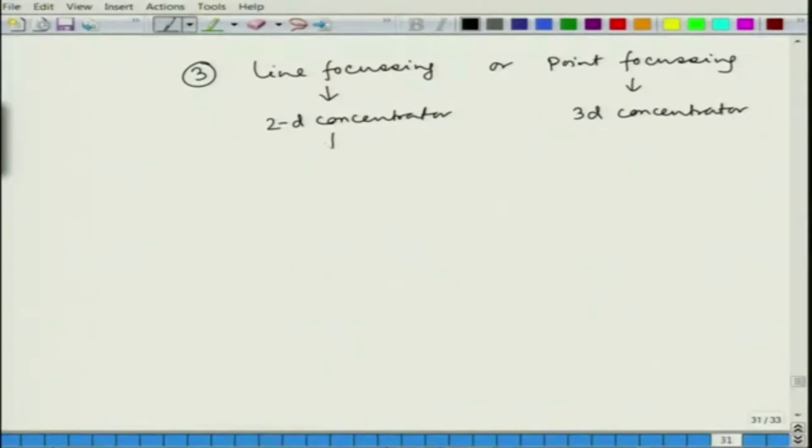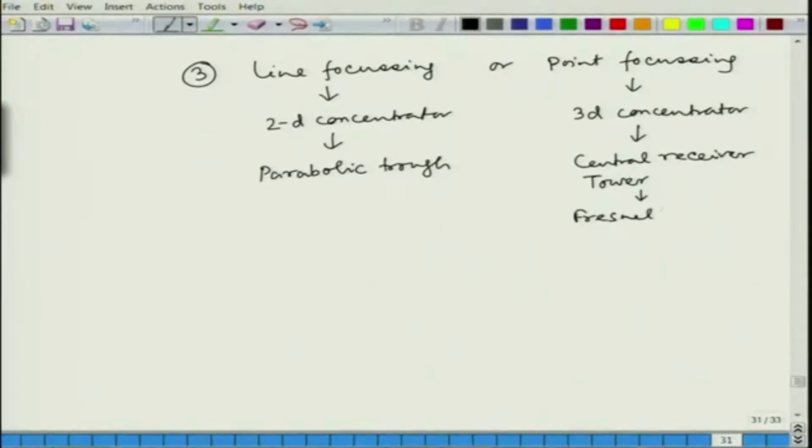And two-dimensional, if you want to take the example, you can take parabolic trough, which we will see just after this one, and three-dimensional concentrator is something of a point concentrator, you can say the central receiver tower, or you can say Fresnel 3D concentrator.